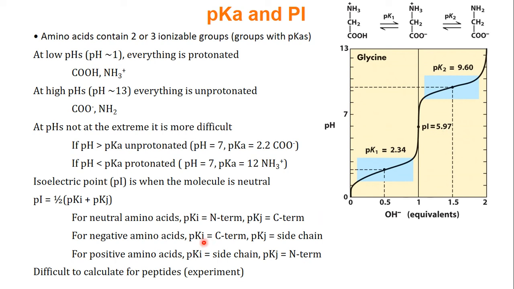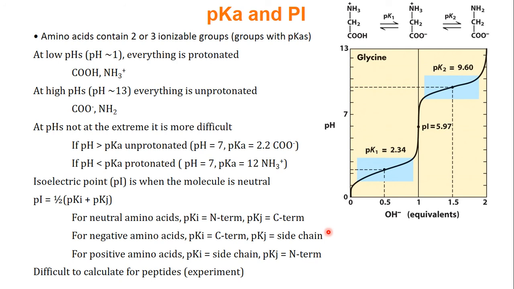For charged amino acids, our definitions are different. pKi is your C terminus, pKj is your side chain, and for positive amino acids, pKi is your side chain and pKj is your N term. Now, unfortunately, if we're working with peptides, this equation doesn't predict it like it does for single amino acids.